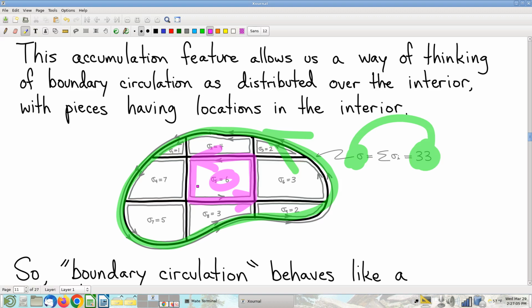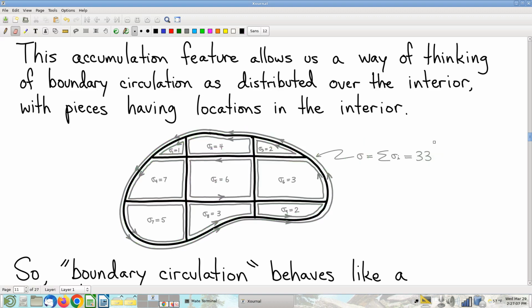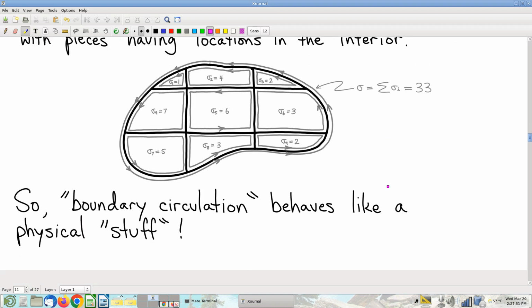And so let's ask the question: should we think of boundary circulation as happening on the areas? My response is, it behaves like it is, so you can, and therefore, in order to have intuition for the way it behaves, you really should, because it behaves that way. Okay, so that's the punchline of all of this.